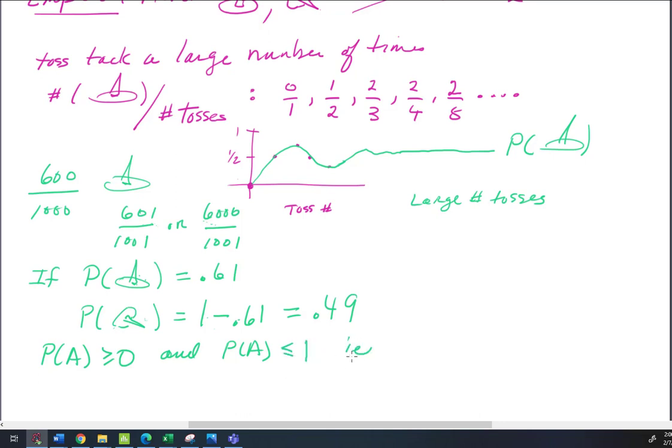So anytime I'm working probability problems, the probability of any event is always between 0 and 1. If I work a probability problem and get 2.3 for an answer, I know that answer is wrong, because probabilities can never be negative and can never be larger than 1.